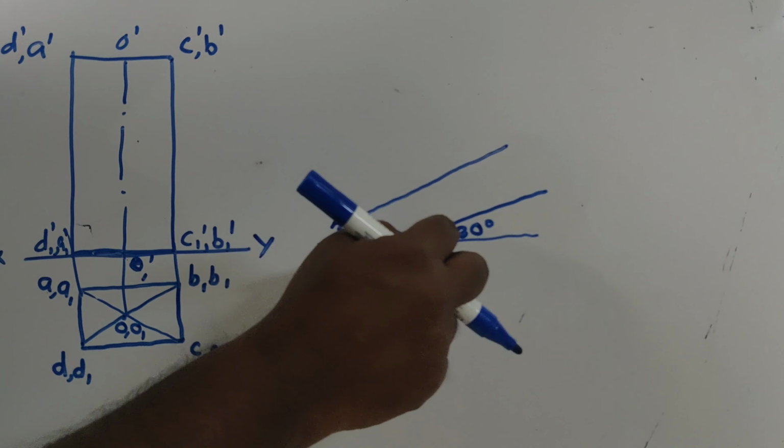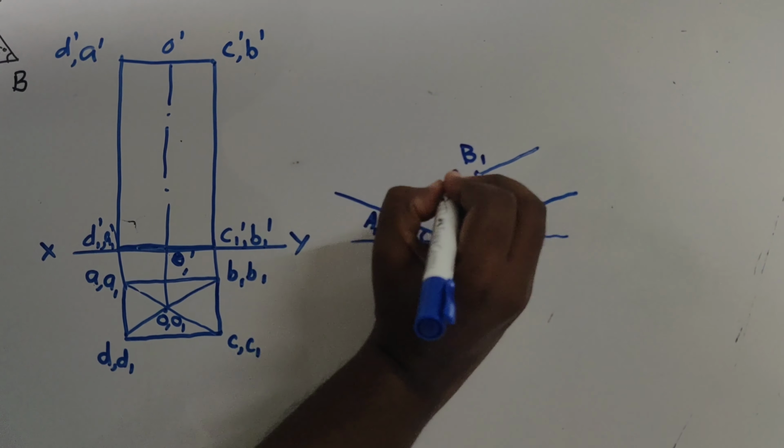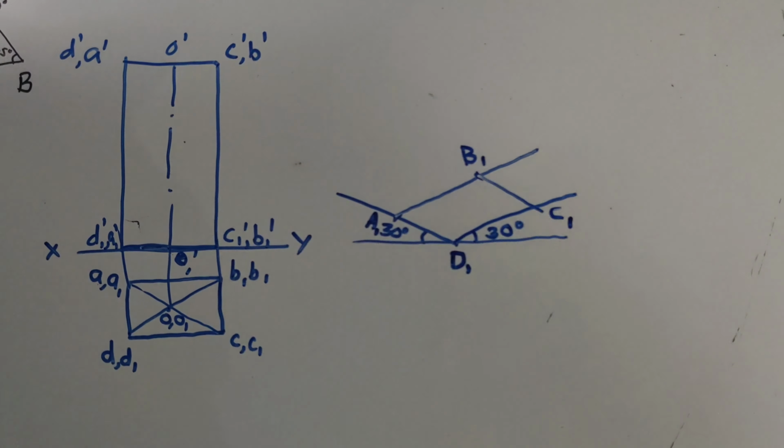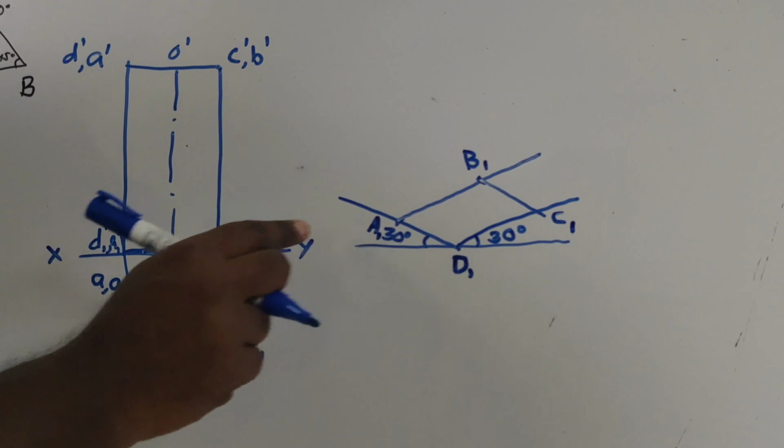From B1 you can have C1. C1 is again parallel to this isometric axis, that is 25 mm. Definitely that should be 25. So this is C1. Now you have got the bottom base A1, B1, C1 and D1.